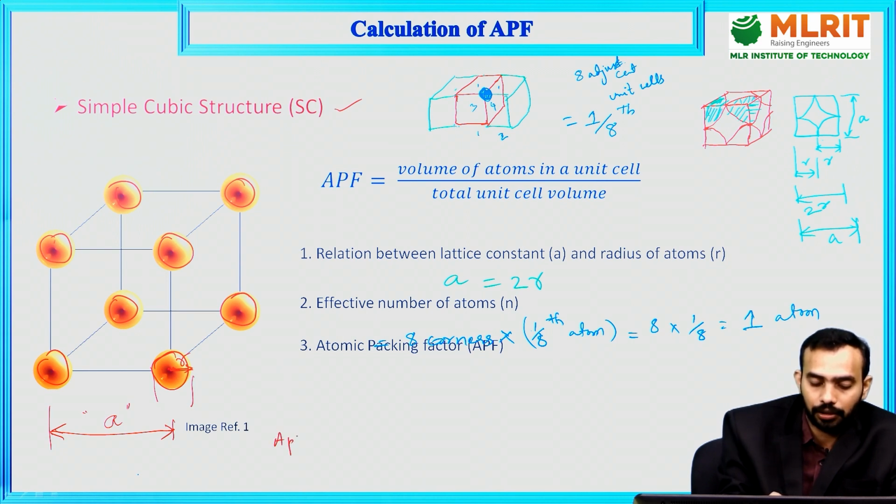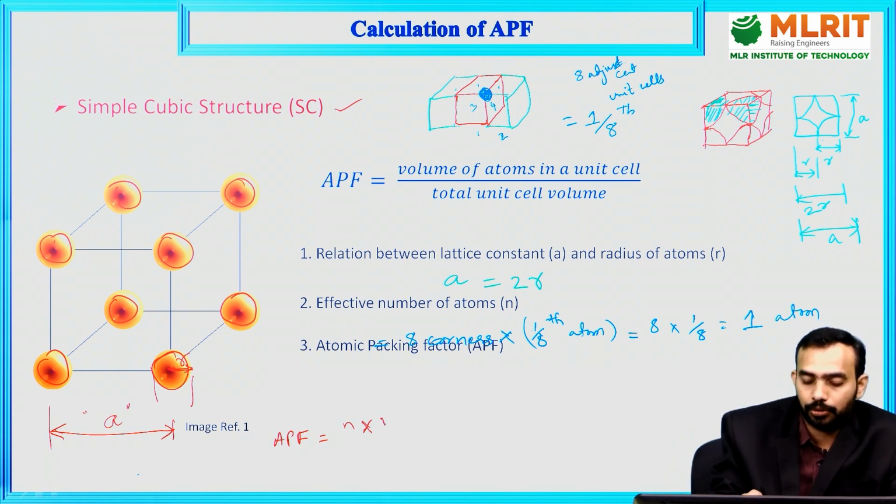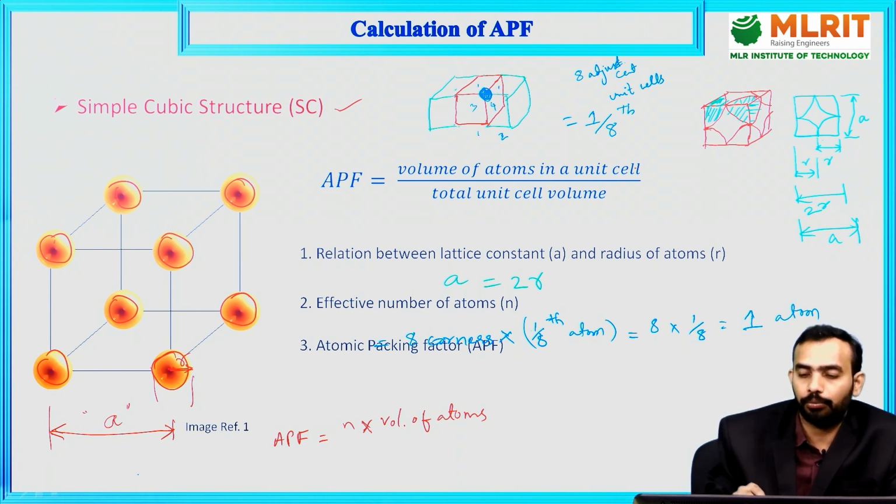APF is equal to the volume of atoms, that is the number of atoms, the total number of atoms we have to consider, that is the effective number of atoms, multiplied by the volume of that particular atom, divided by the total unit cell volume.